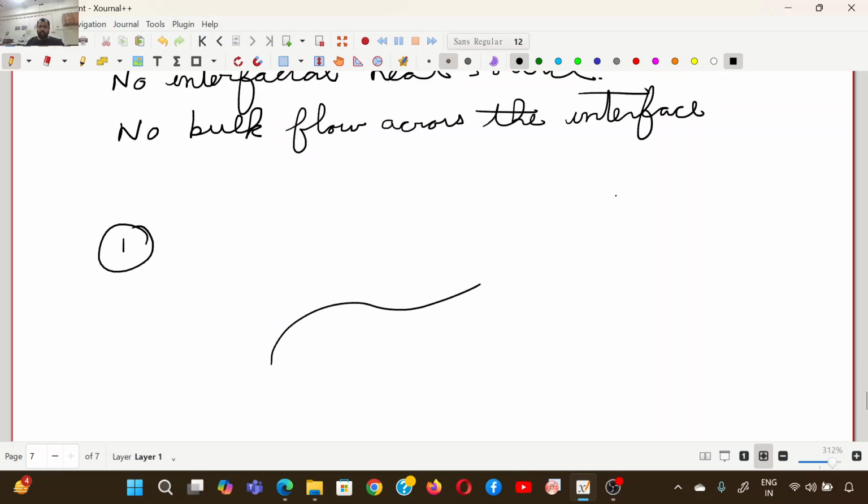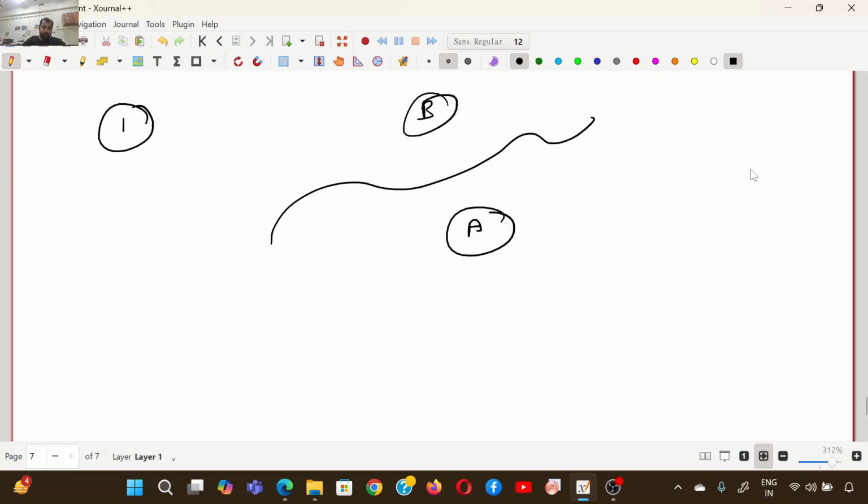So suppose there is an interface over here separating medium B from medium A. What this one says is that the diffusive flux normal to the interface is continuous across the interface.